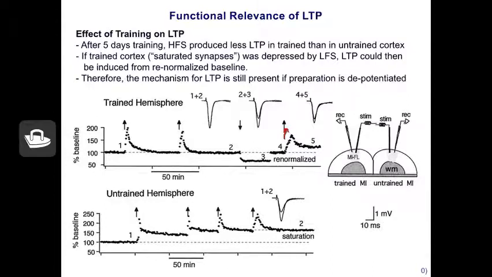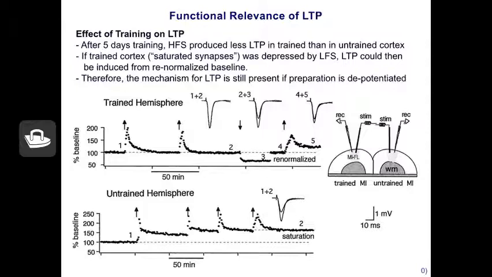Now the synapses actually potentiated. In other words, the synaptic strength in the trained motor cortex was initially saturated. The synapses were maximally potentiated. And then application of weak, low-frequency stimulation lowered the synaptic strength, so a subsequent round of tetanic stimulation could potentiate it again.